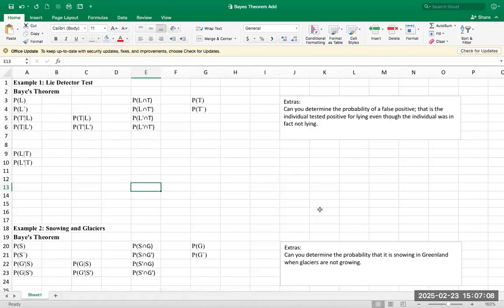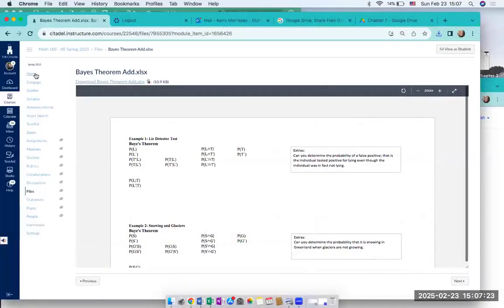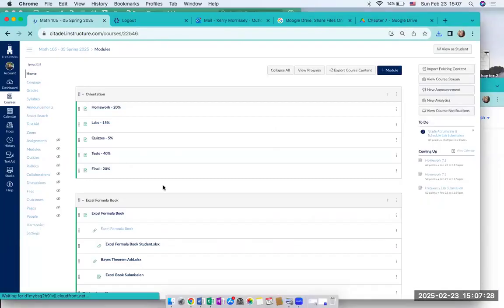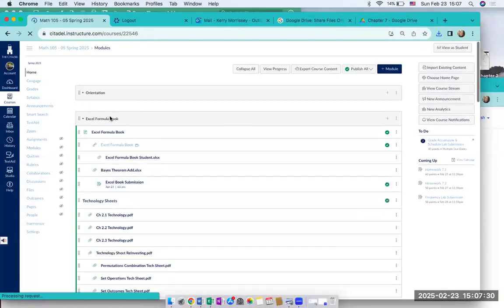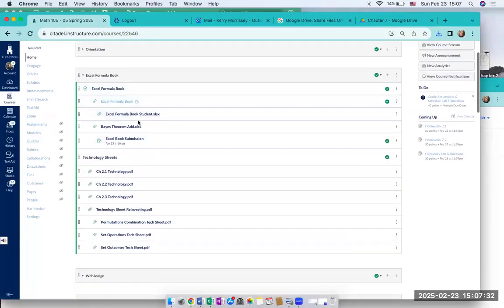Right, so today we are going to be working on adding our Bayes theorem into our Excel journals. If you don't have the most up-to-date Excel journal file, when you go to your home button, you can see it right here, and you're going to find where it says Excel formula book.